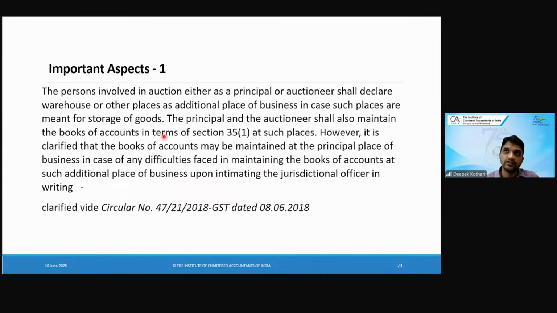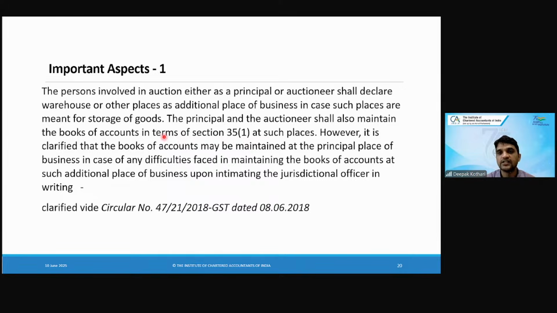Now there is an auctioneer. He is getting goods from the principal and his work is to auction those goods. Now there could be two things: you auction on behalf of the principal, or you auction it yourself. That is, you buy the goods and you sell it on auction. When you do it yourself, you're buying the goods and giving them on auction, then it is your responsibility.